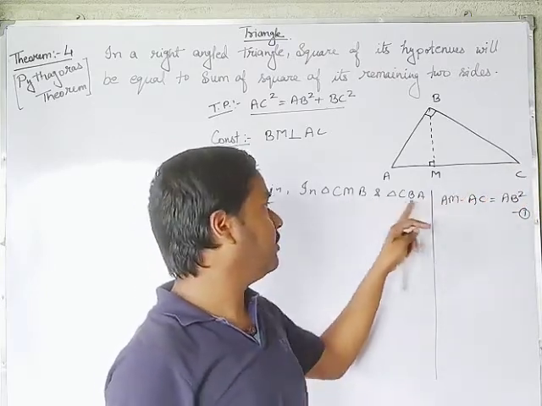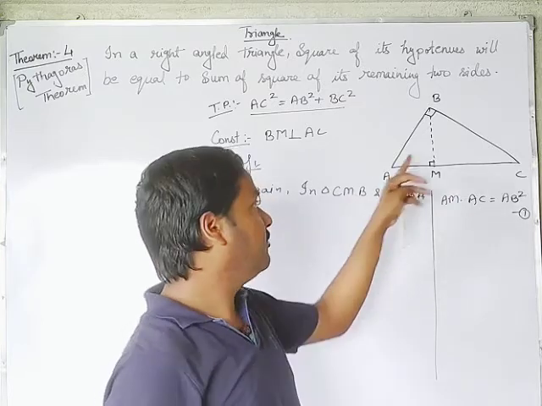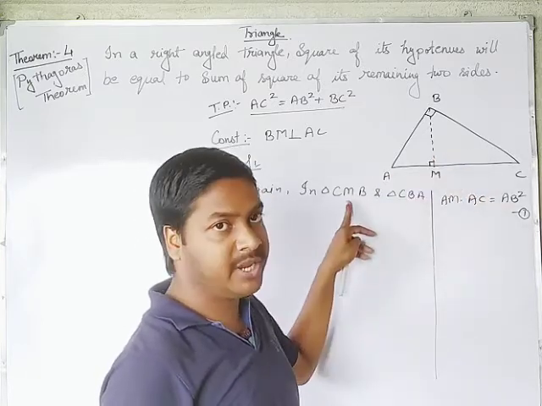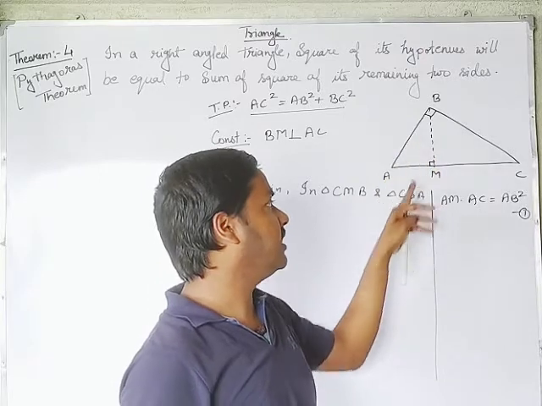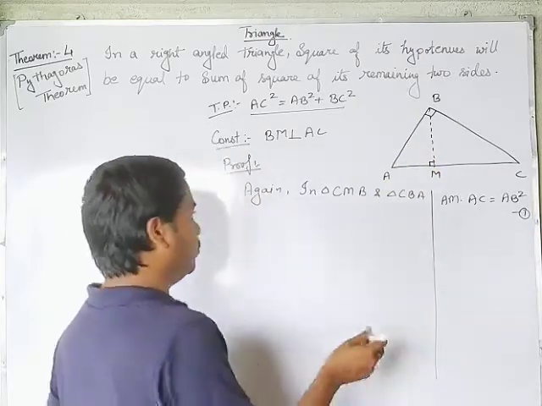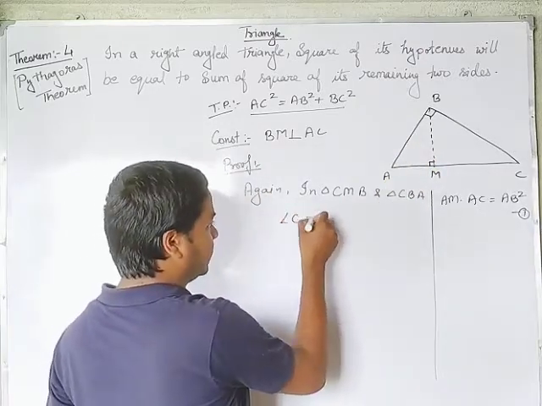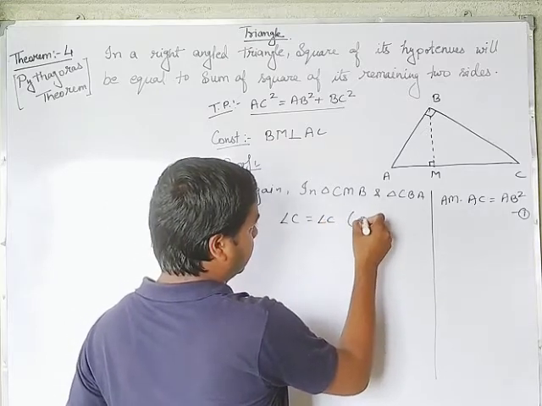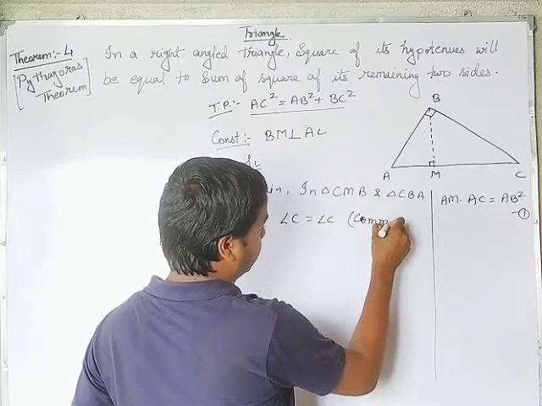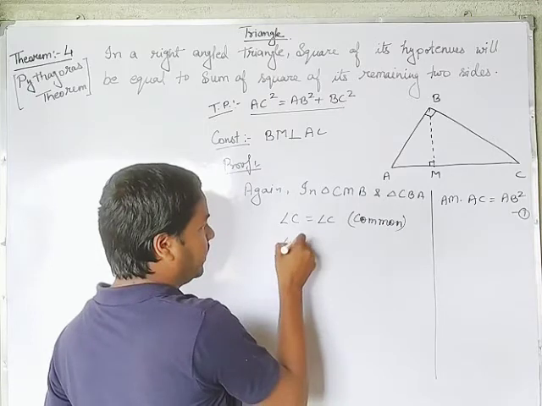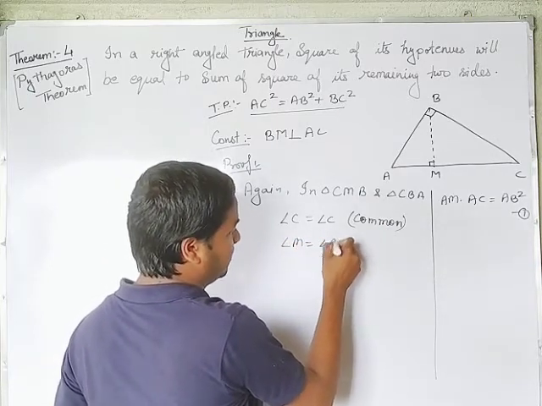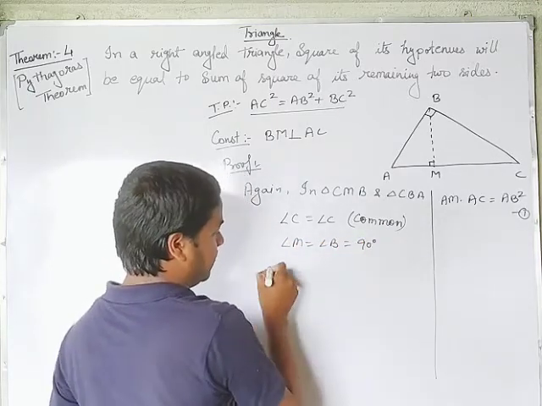Afterward, the second name I have written for the 90 degree. For the small triangle, 90 degree will be M, and for the bigger triangle, 90 degree will be B. So, we will write angle C is equal to angle C, that is common, and angle M is equal to angle B, that is 90 degree.